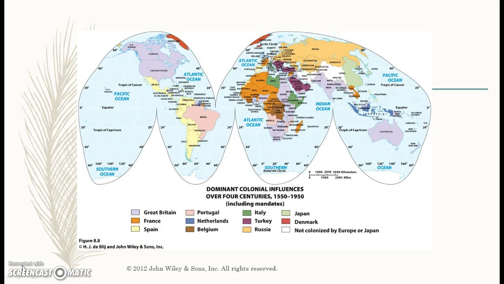So this is our last slide, by the way, looking at a world map. We'll take it back and talk a little bit about what this has meant for the world today. What we're looking at with our world-scale map is who the dominant colonial influences were in different areas of the world. For example, if we take Great Britain, you can see the US, Canada, but also large parts of Southeast Asia, large parts of Africa.